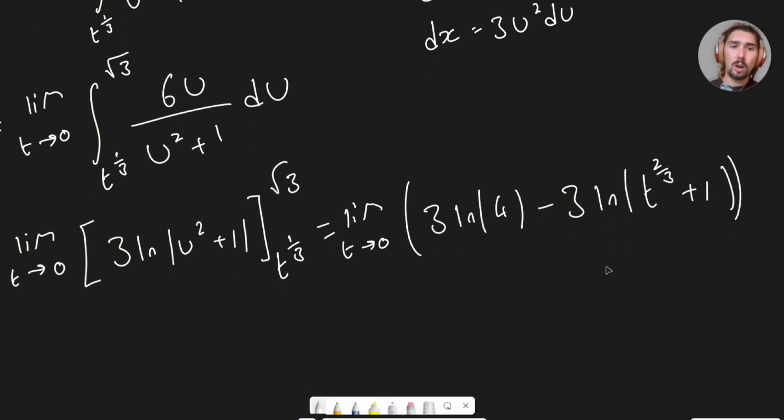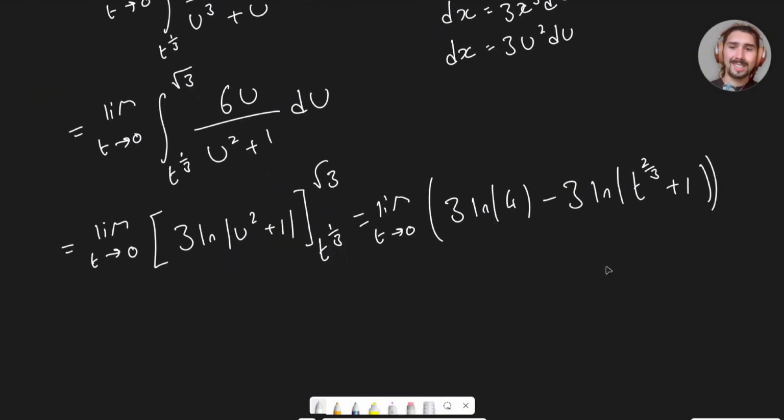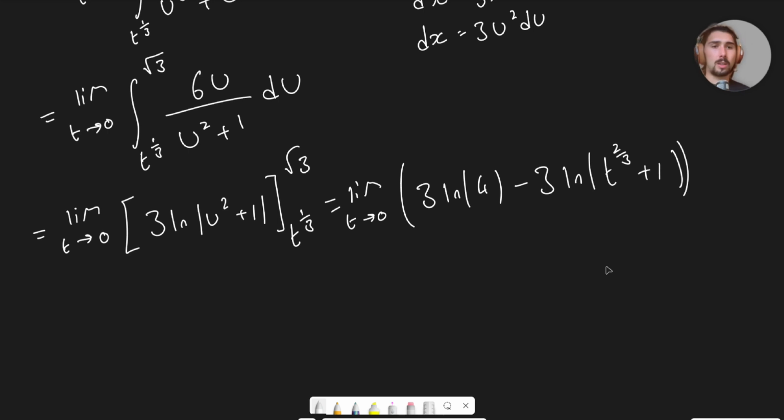Now we need to work out what is going to happen as t goes to 0. Okay, so as t goes to 0, we're raising it to the power of 2 over 3. That is going to get smaller and smaller, so it's going to go to 0. Okay, so as t goes to 0, if you square it and then you cube root it, it is just going to go to 0.